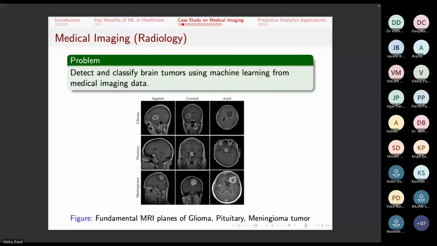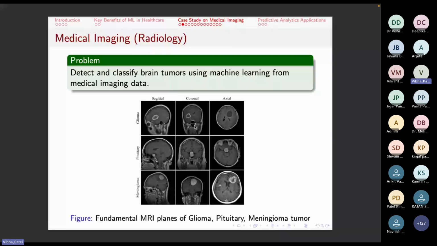The location of the tumor is basically what categorizes them into glioma, pituitary, and meningioma. So you see that there are specific locations at which these tumors reside.